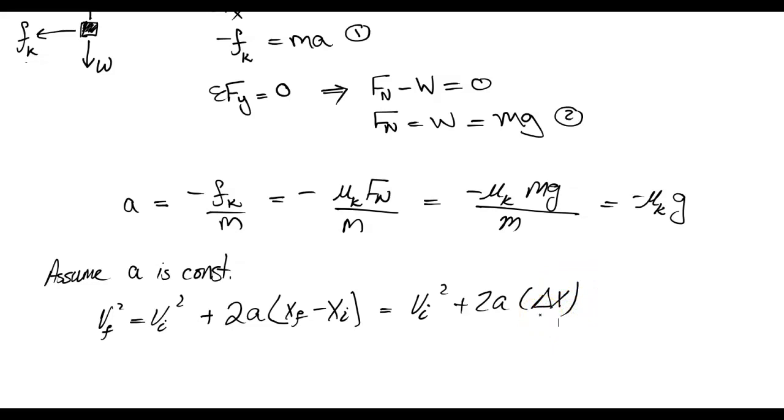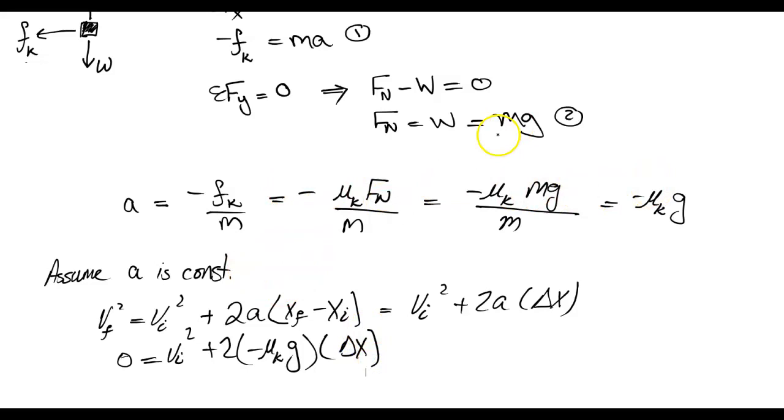And that means, since this is braking, we know that we can assume V final is 0. So this gives us that 0 equals V initial squared plus 2, instead of a, we have minus mu k g delta x.